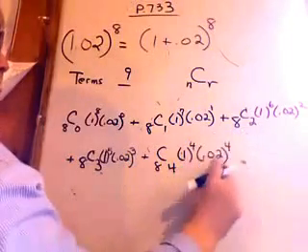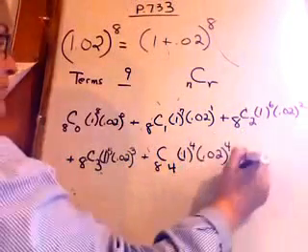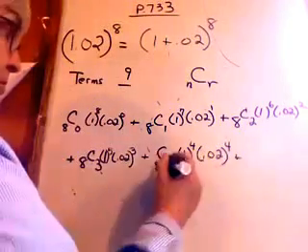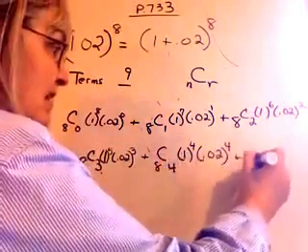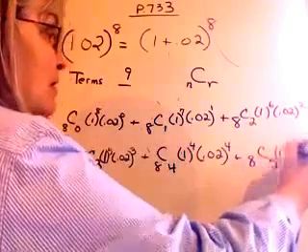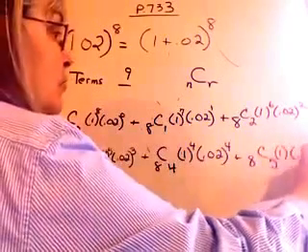You notice the exponent on the second thing is always the second number in the C. So the next one after 8C4, what have I got? 8C5, 1 and 0.02.